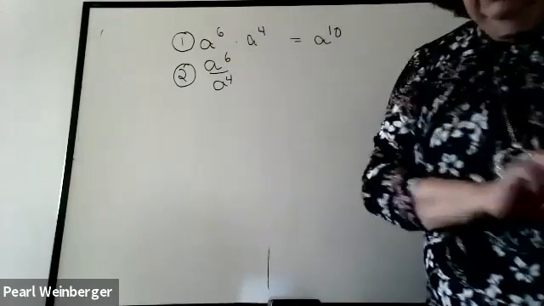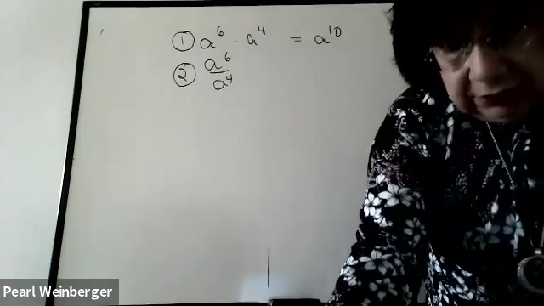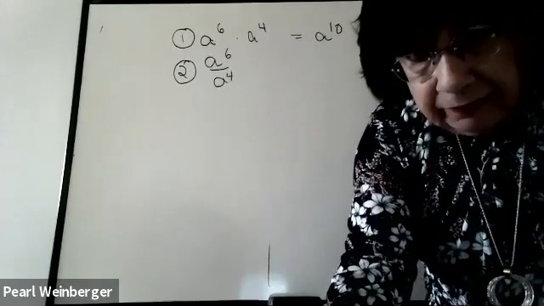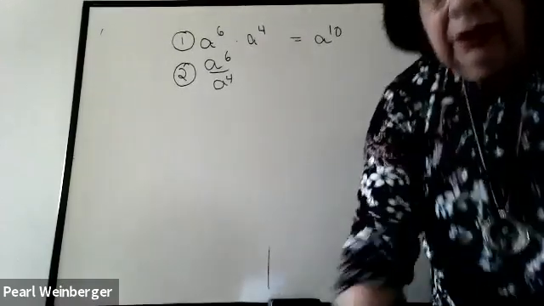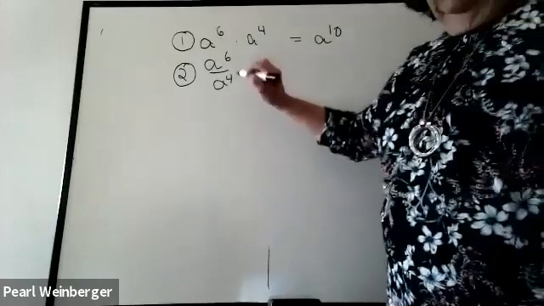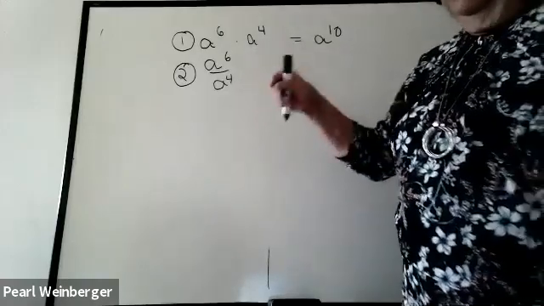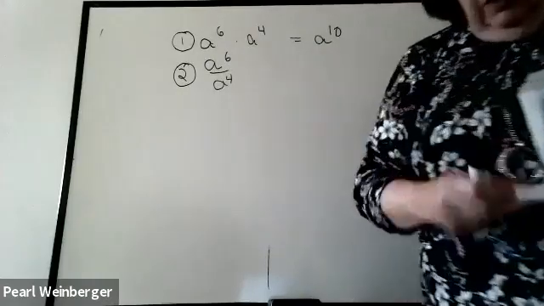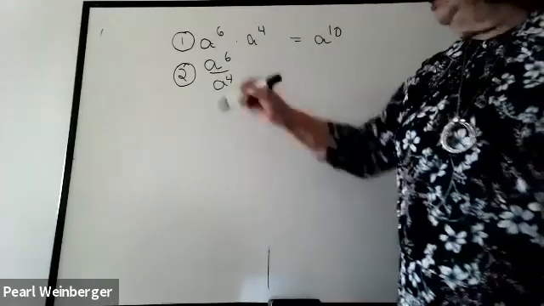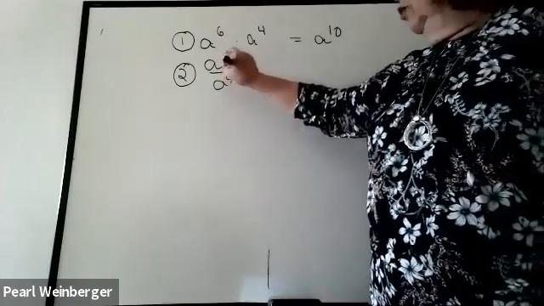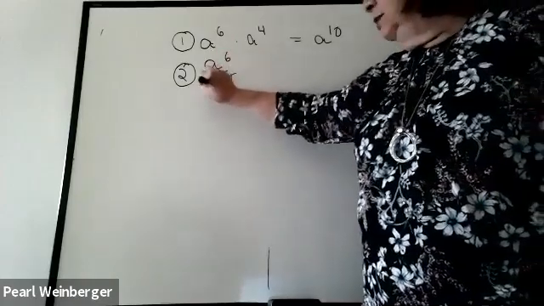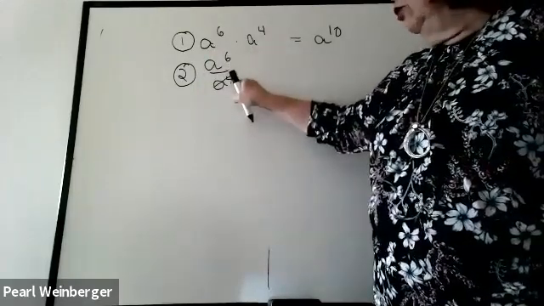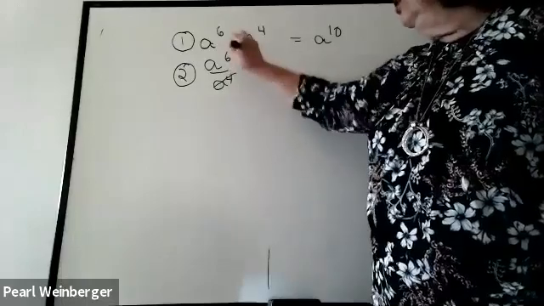And actually, the way we said that we will do this, if you recall, because we were just doing this before, is we reduce it by canceling out the letter with the lower exponent and subtracting the higher exponent minus the lower exponent. 6 minus 4 is 2.